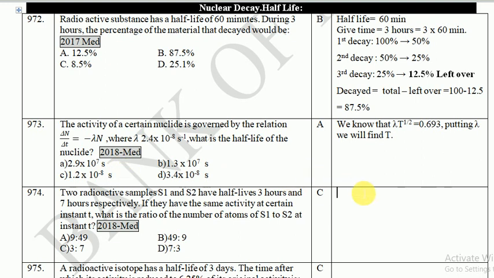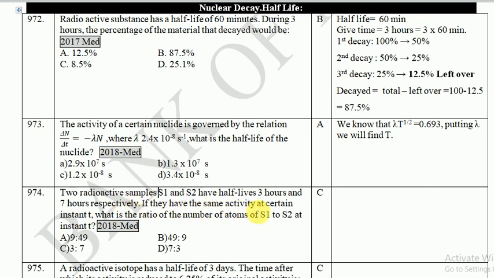No need to solve. Two radioactive samples S1 and S2 have half-lives of 3 hours and 7 hours. So the first one has a half-life of 3 hours and the second has a half-life of 7 hours.